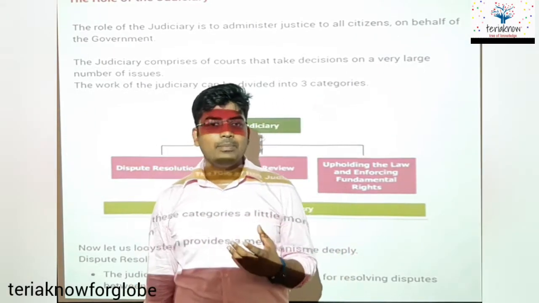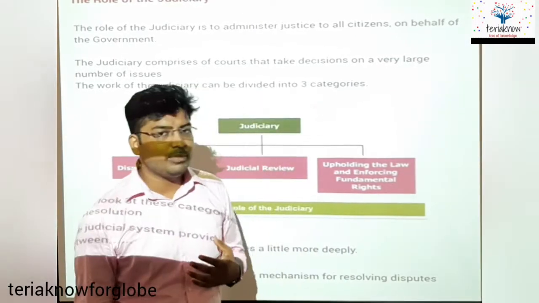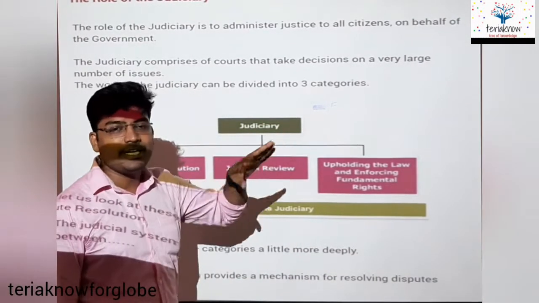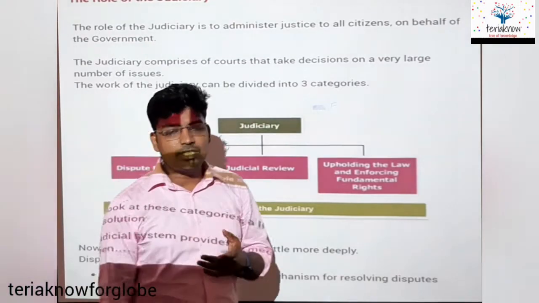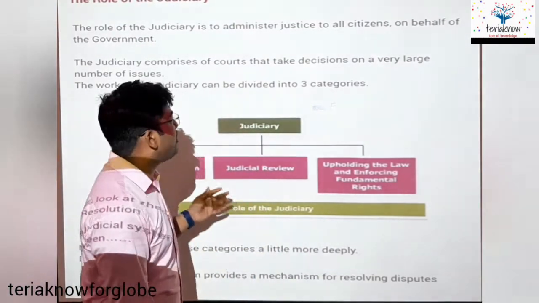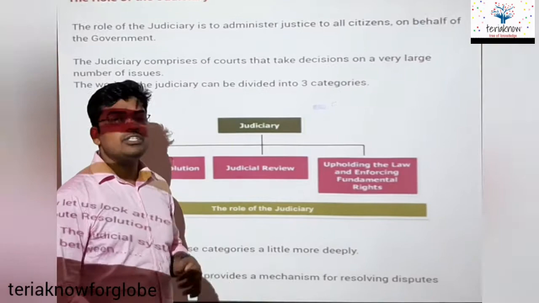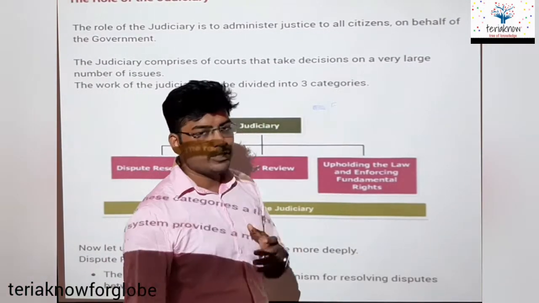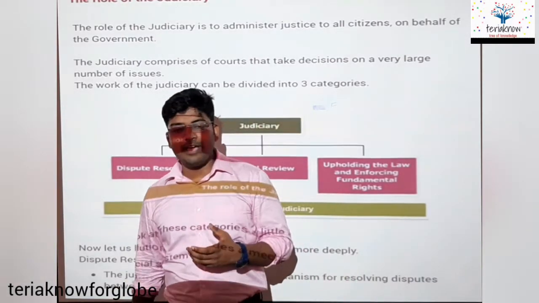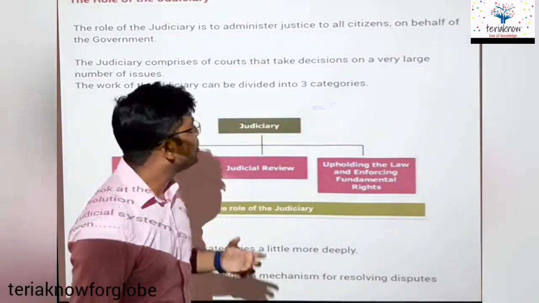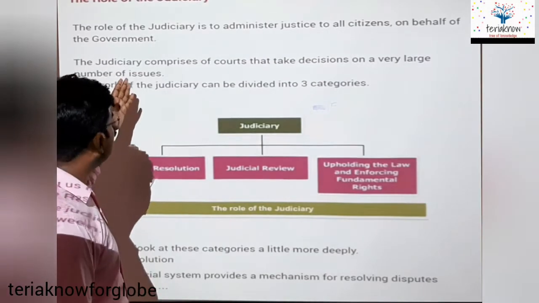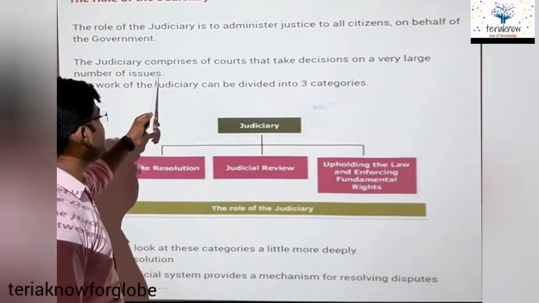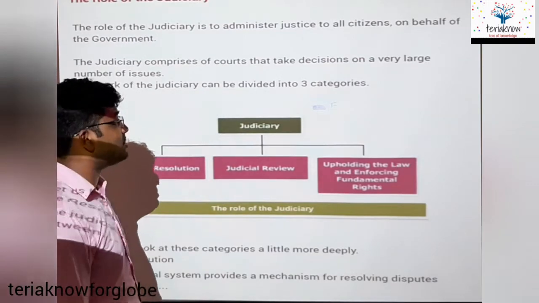But still the problem exists, and if they are unable to get justice, there is a judicial system in India, that is High Court, Supreme Court, District Court, and these courts are bound to provide justice on behalf of the government. सरकार के एवज में हम लोगों को जो न्याय मिलता है, that is justice, वो किससे मिलता है? Judiciary system से.